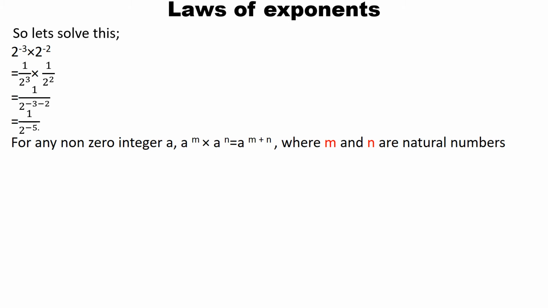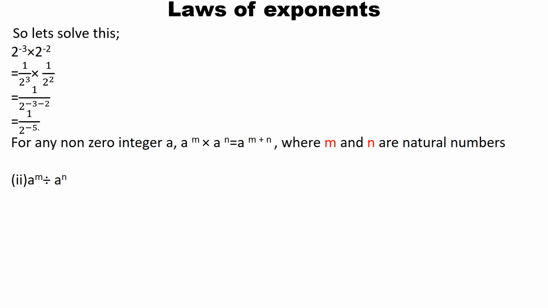So minus 3 plus minus 2, so we get minus 3 minus 2. We are following the integer rules, that is minus into minus we get plus, 3 plus 2 we get 5. The bigger number, 3, has a minus, that is a negative sign, so we get minus 5. Okay, the answer is 1 by 2 power minus 5. Remember the formula, that is a power m into a power n is equal to a power m plus n.